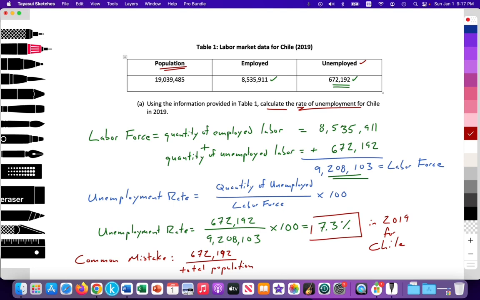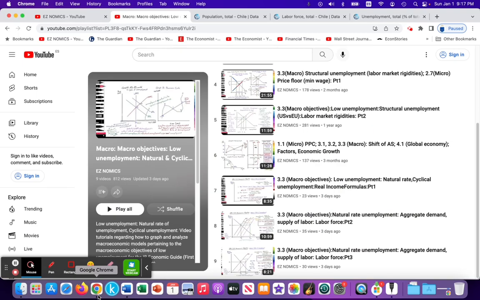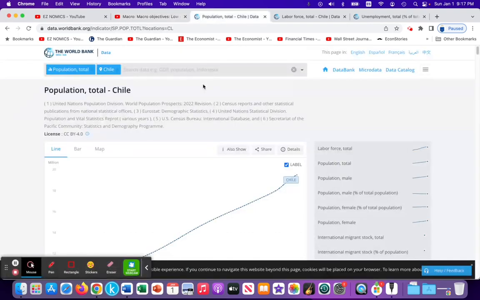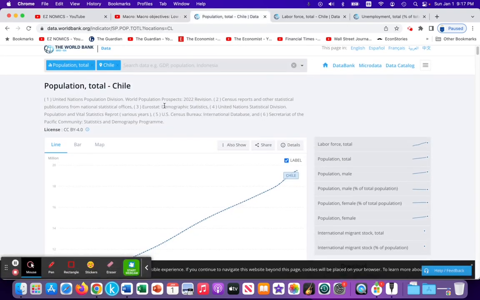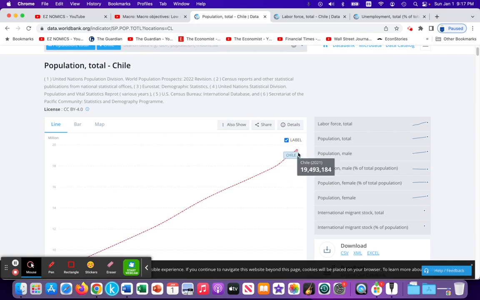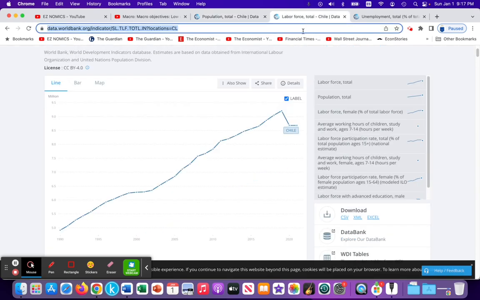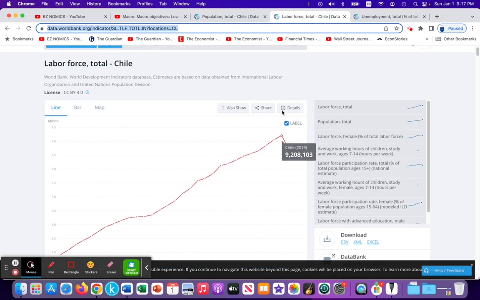And that's basically it. Where did I get this data from? You can find this type of data from the World Bank. Here we have the population of Chile. And in 2019, we can see it was 19,039,485. With the World Bank, we also have labor force data.